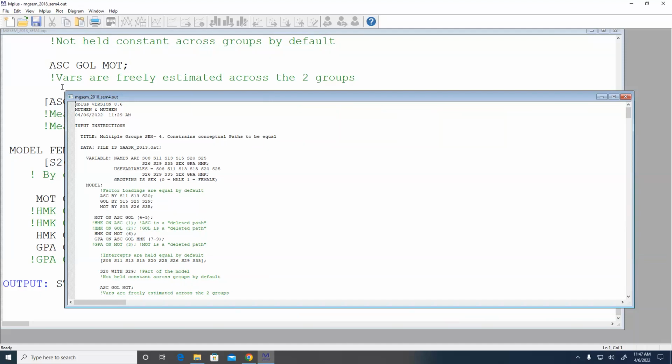Because if we couldn't constrain them to be equal, we wouldn't want to get rid of it, because the fact that the path is different across the 2 groups is interesting, right? So the first step is, can I constrain the path to be equal across the 2 groups? Yes or no? If the answer is no, then I would argue, you keep it. It could be that it's significant in one group and not in the other group or whatever. That's fine, but I'm going to keep it in both groups because it's different across the 2 groups.